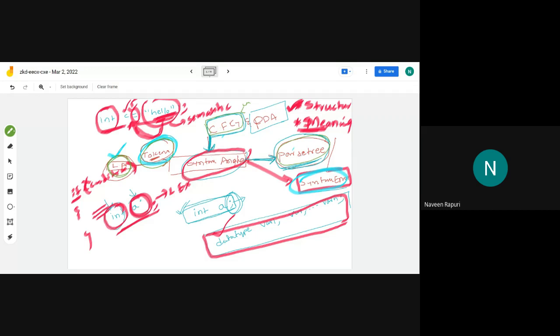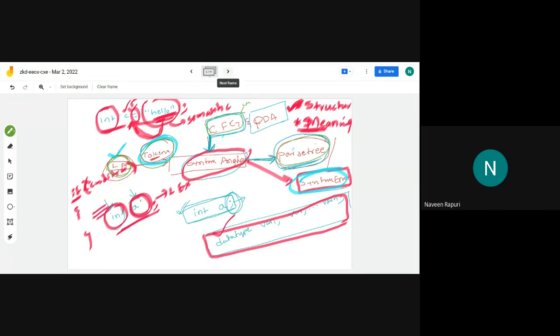Representing the derivation in the tree format is nothing but a parse tree or derivation tree. So hope you understand what is lexical analysis, what are tokens, what is a context-free grammar, and what is a parse tree.